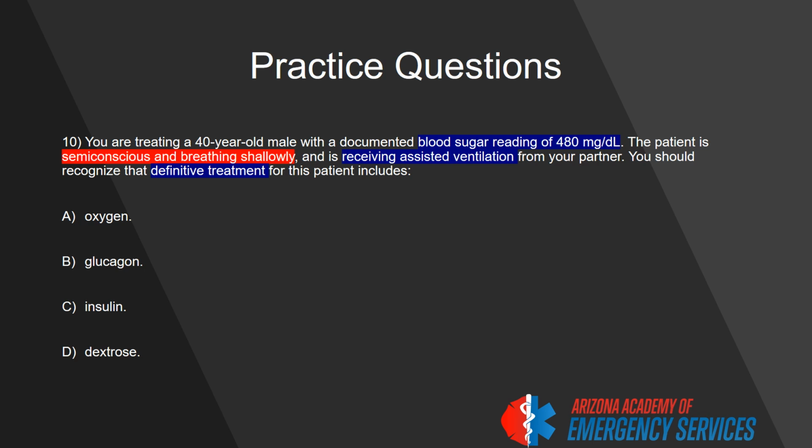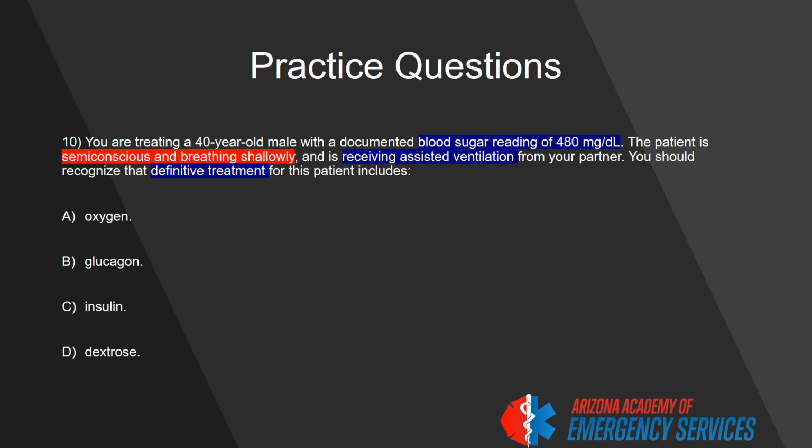So given that, we can see that starting to affect the patient physically because we see that he is semi-conscious, and we also see that he is breathing shallowly. Now, remember that registry can ask you, in essence, two types of questions from their scenarios, which is what are you going to do for this patient, or what is wrong with this patient.